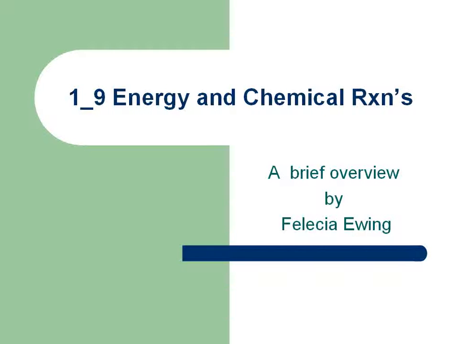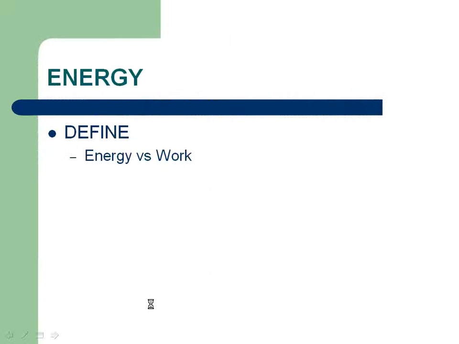Okay, so the first thing that we want to do is define energy and also define work. Energy is the capacity to do work, and work, or to do work, means to move something, whether it's a muscle or a molecule.